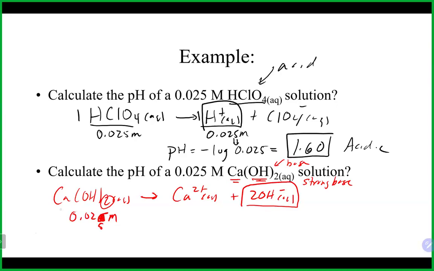And it is, though, a 1-to-2 relationship here. So as we talked about with ions and sort of molarity, we basically actually need to multiply that concentration by 2 to get the proper hydroxide concentration here. So that would be 2 times 0.025 molar, going to give us a 0.05 molar.